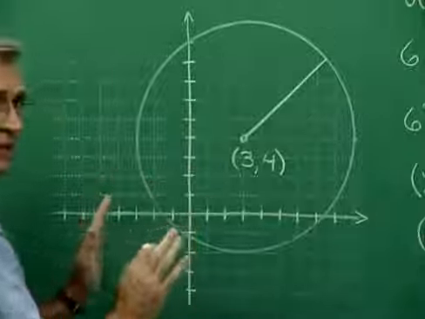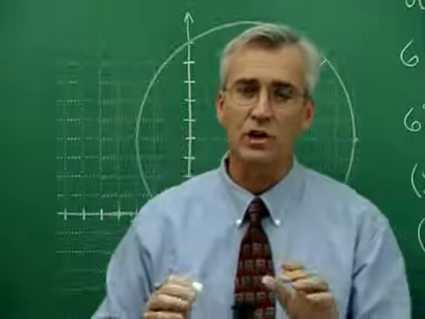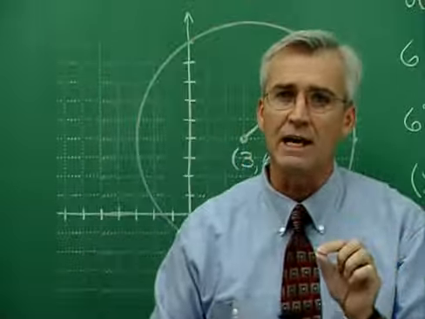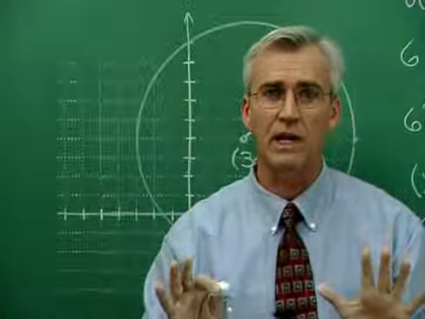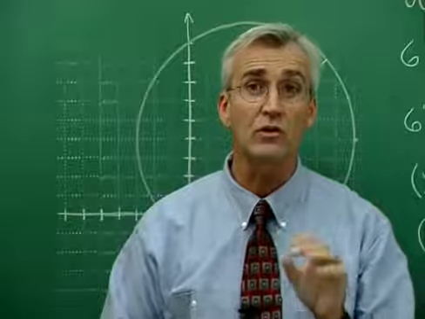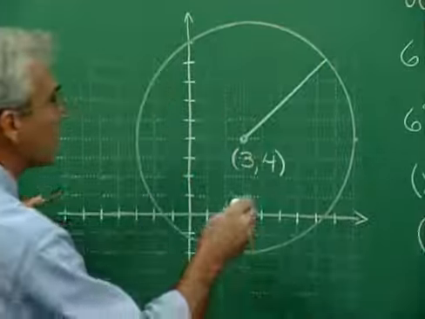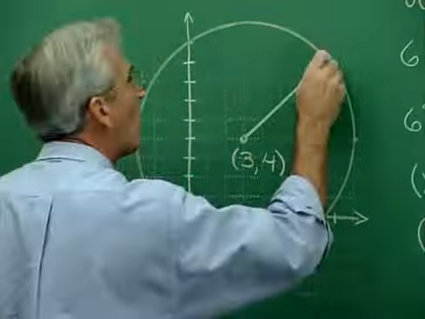And it's not too difficult to sort of conceptualize how we're going to do that, because circles are defined as all the points in a plane that are the same distance from a center point. So we're going to use our distance formula for this purpose. Now consider that this point to the edge of the circle is a general x, y value.